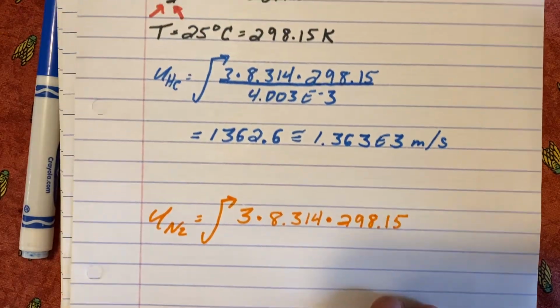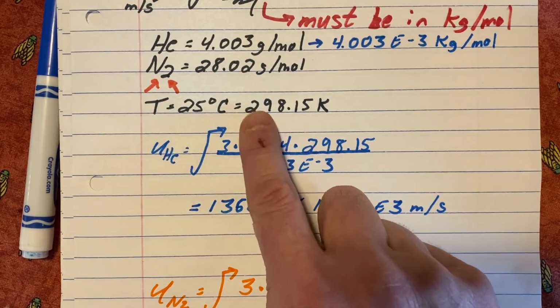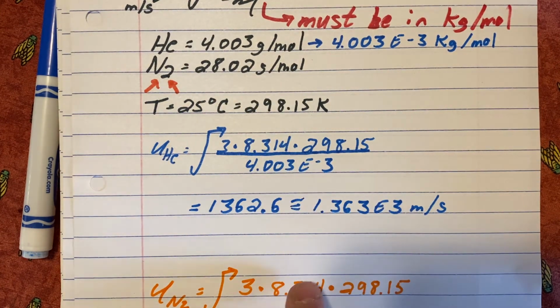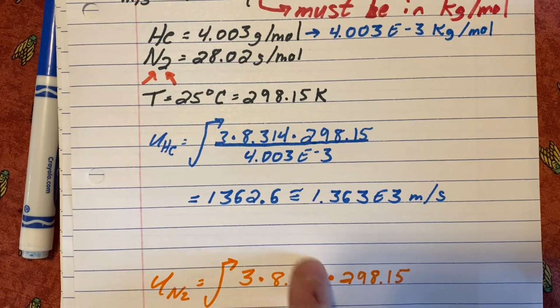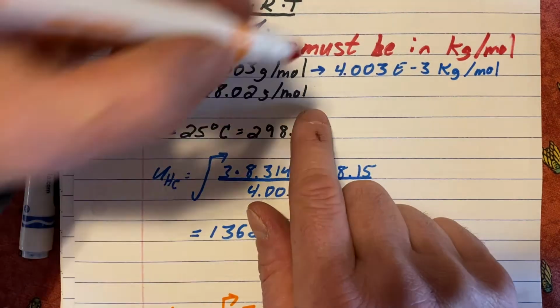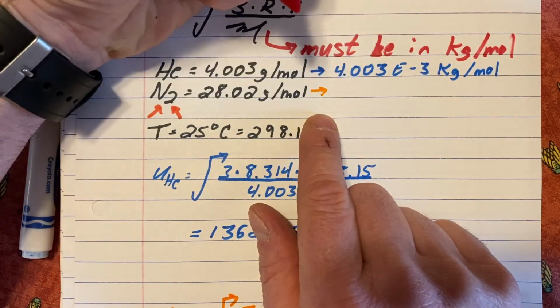And this time, let's go back up here. The gram formula mass is 28.02 grams per mole. But because we're using this R, which has kilograms embedded in the units of joules, we need to change this to kilograms per mole.